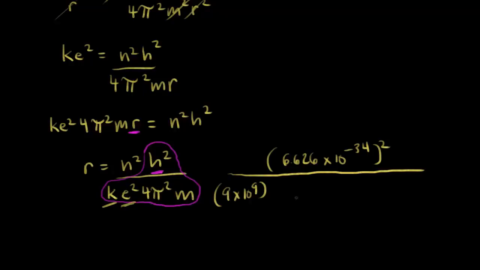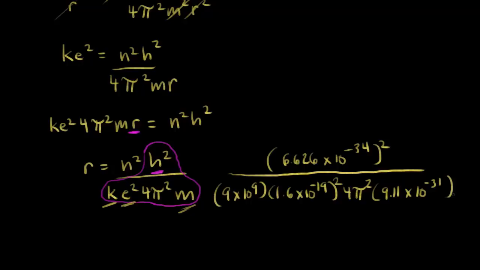The magnitude of charge on a proton or an electron is 1.6 times 10 to the negative 19 coulombs. So we put that in there, and that number needs to be squared as well. So we have a 4 pi squared in there. And remember, m was the mass of the electron. So you can look up the mass of an electron. It's 9.11 times 10 to the negative 31st kilograms.